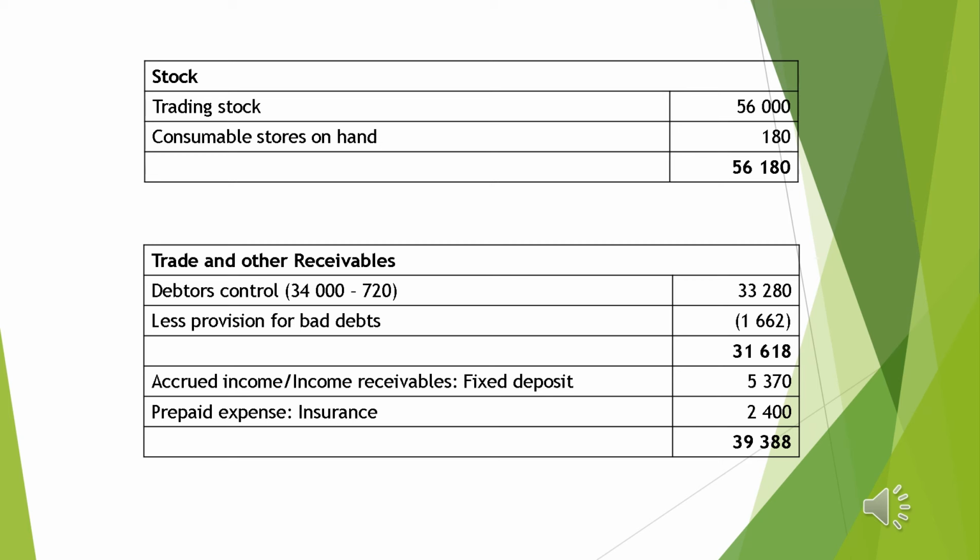Lastly, we will look at prepaid expense. Prepaid expense occurs when we pay more than what we are due to pay within the financial year, and we start paying for the next financial year while we are still in the current financial year. So those overpayments, we regard them as assets, because we have paid this amount of money and it is still entitled to us, because it is not yet due for payment.